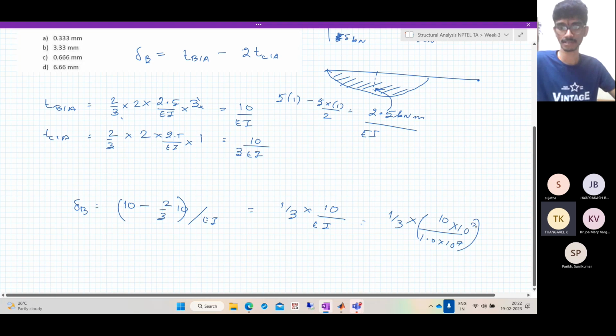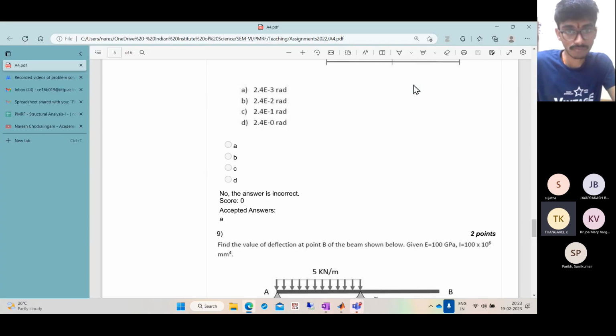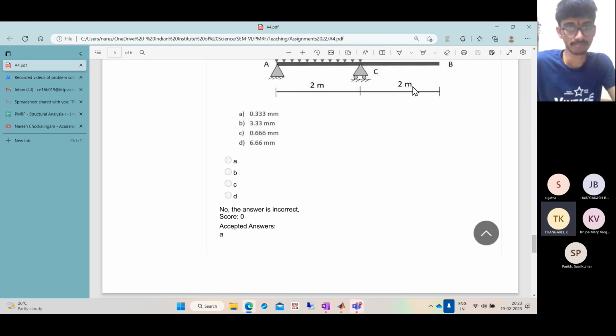So I'll get another 10 power 3. So it is 10 by 3, which is 3.3 into 10 power minus 4 meters, which is 0.333 mm. So it is option A. Let's check. Yeah, it's correct.